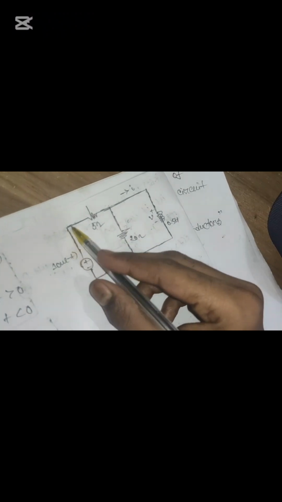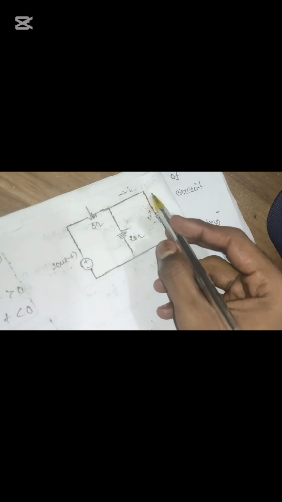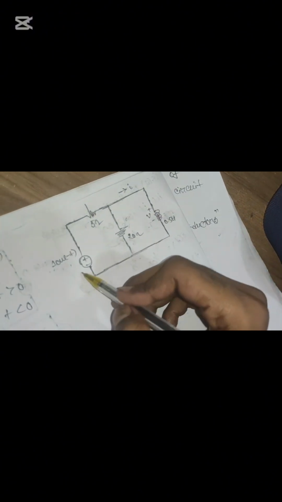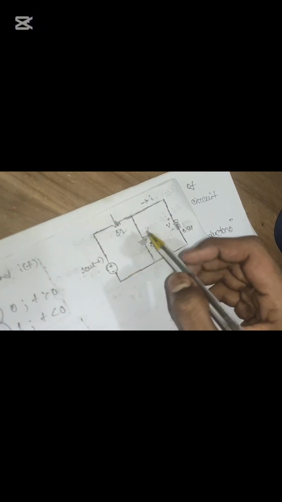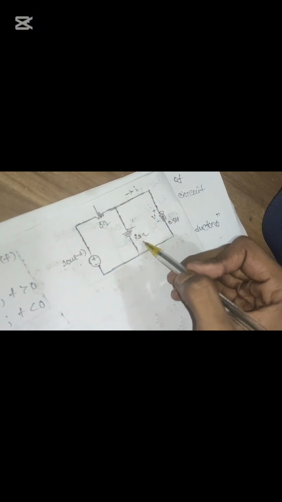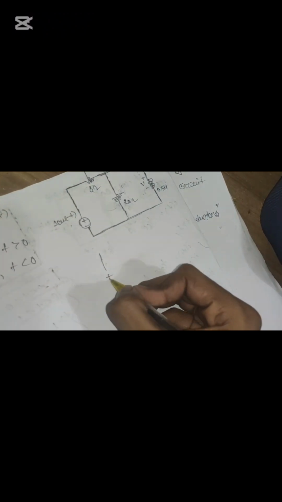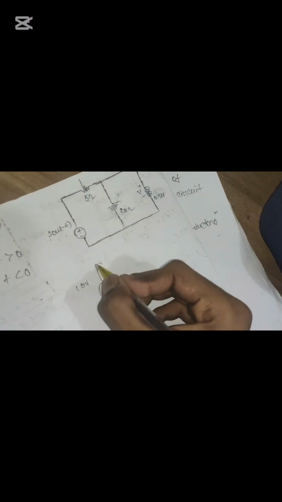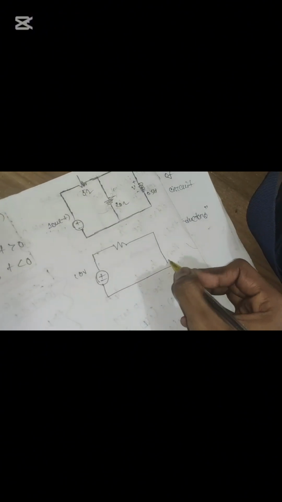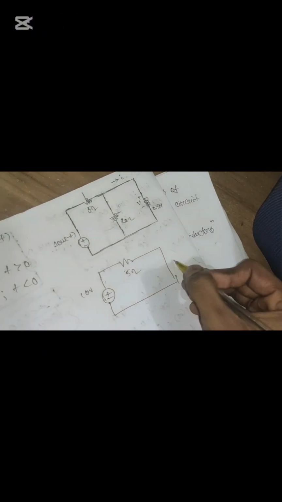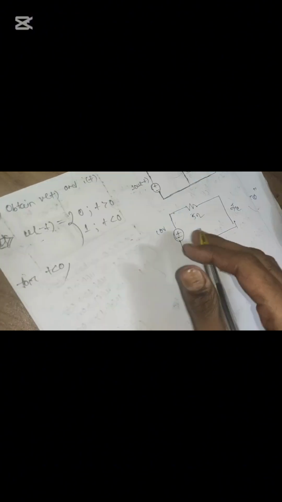The whole current will flow through this 5 ohm, and through the short circuit path it will come back to the origin. So the circuit will look like something like this: 10 volt, a 5 ohm, and a short circuit. So the current will be i(0) equals what? V by R, or 10 by 5, equals 2 ampere, right?